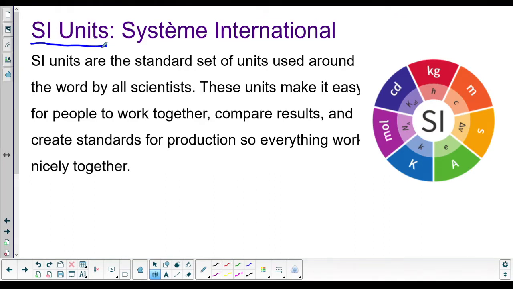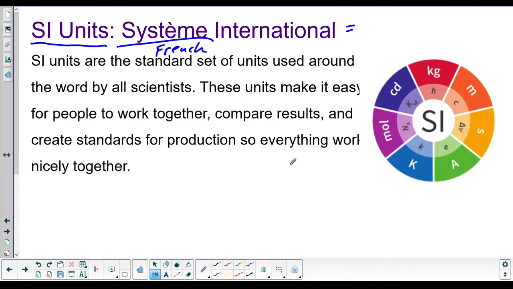SI units is short for Système International. This word is French, so you're going to have to ask your French teacher how to say this like a French person. But I'm going to say système, right? So SI units are just the international system of units.